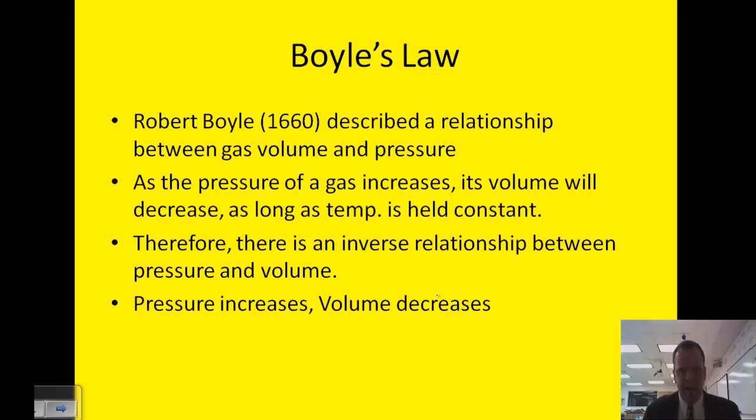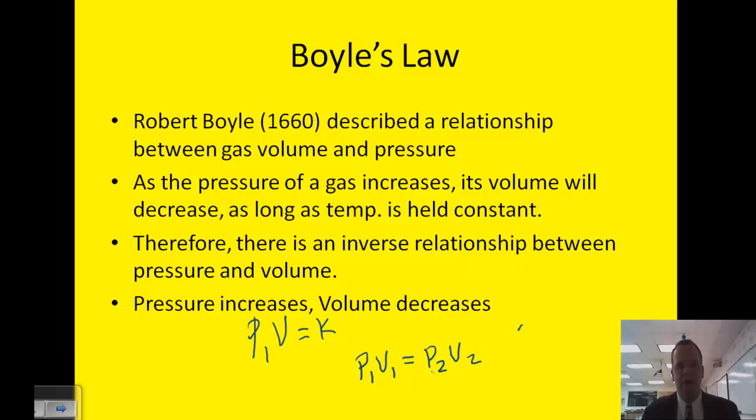The equation that we can come up with is P times V equals a constant, K, which many times we'll write in a simpler form, P1 times V1 equals P2 times V2. This is a form that allows us to solve more easily for changing pressures and volumes.